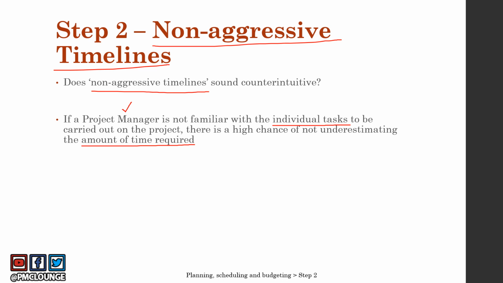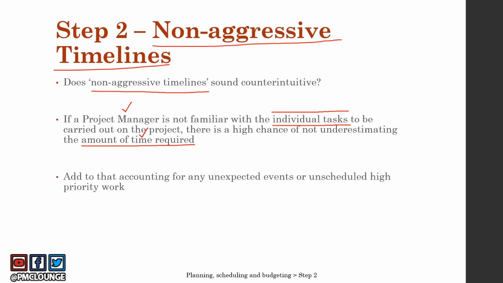You should be able to understand the individual tasks that you would need to carry out as part of the project, and you should also be able to understand and estimate the time required to carry out those individual tasks. Add to that, there is another risk, which is about accounting for unexpected events or unscheduled high priority work. Unscheduled high priority work may show up at any point in time of your project, and it may totally derail the schedule of your project.